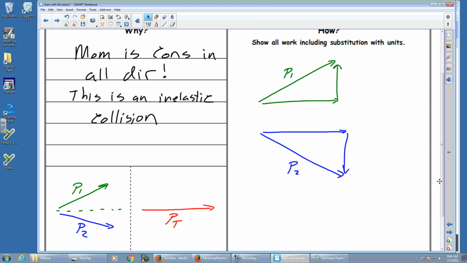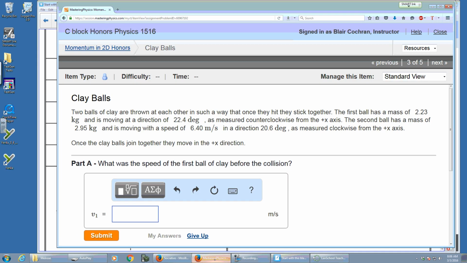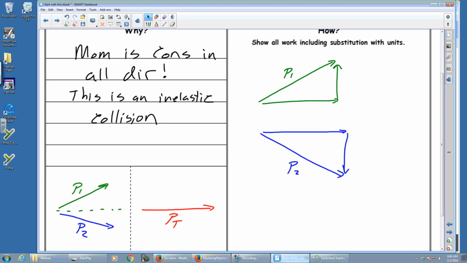So let's see, what other information haven't I put in here? First of all, this mass is moving in a direction of 22.4 degrees. So for me, that's 22.4 degrees. So this side is P1 sine 22.4 degrees, and P1 cosine 22.4 degrees.